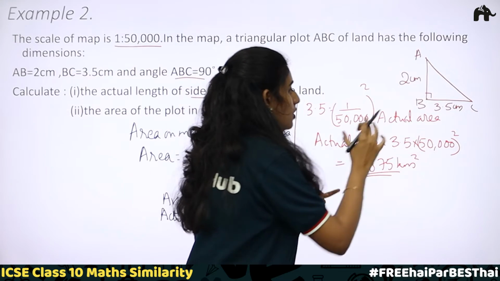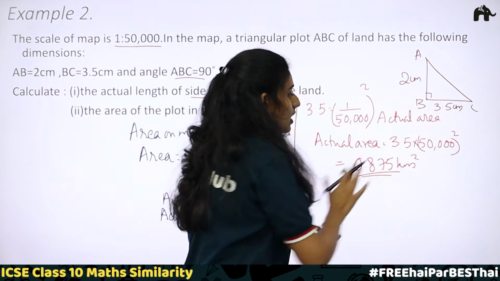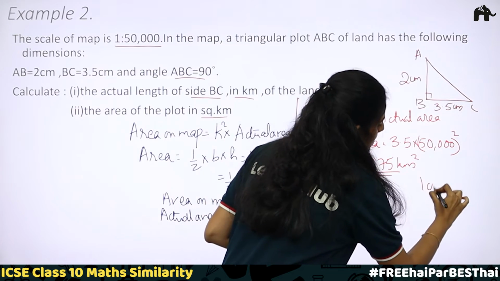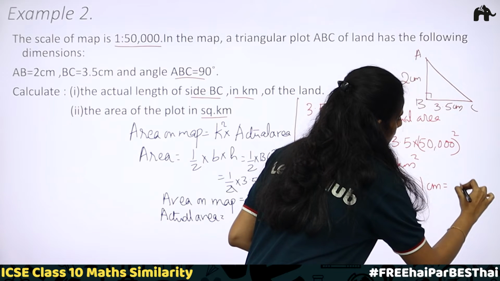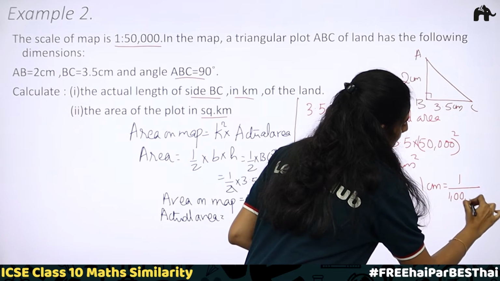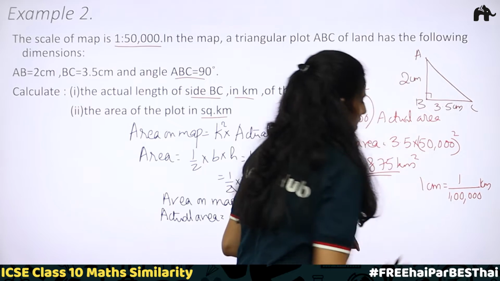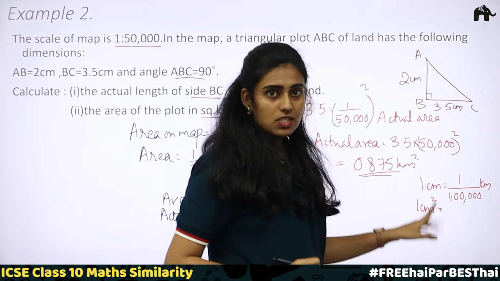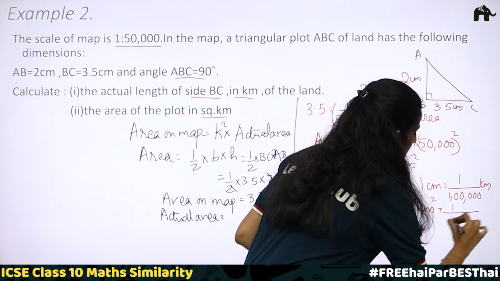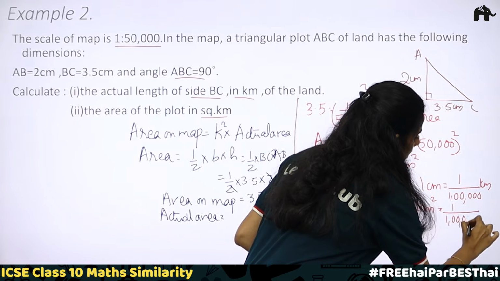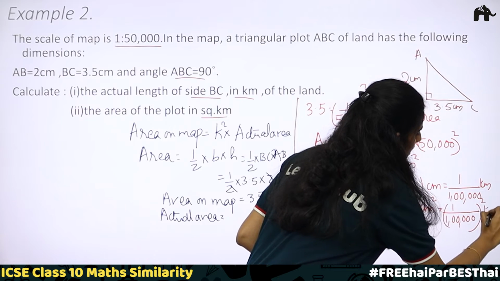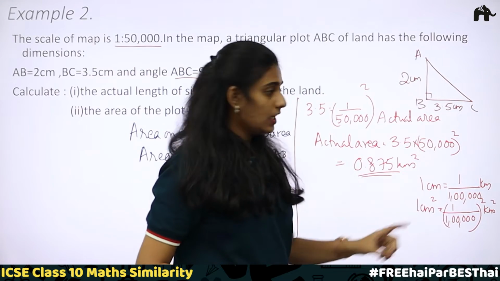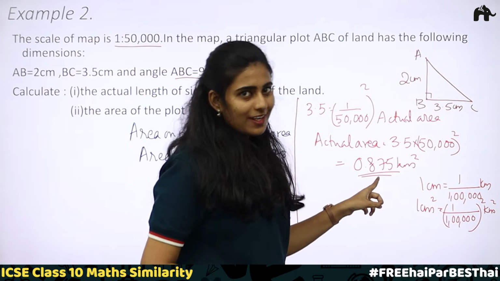So, in order to convert that centimeter square into kilometer square, what can be done? We have 1 centimeter is equal to 1 by 1 lakh kilometer. Therefore, 1 centimeter square will be equal to 1 by 1 lakh square kilometer square. So, you have to divide with this in order to get this value. You can do, right? Should I do?